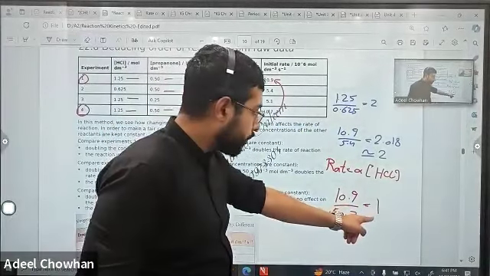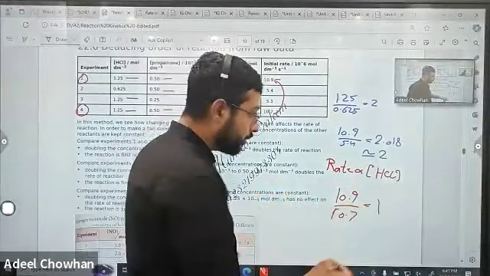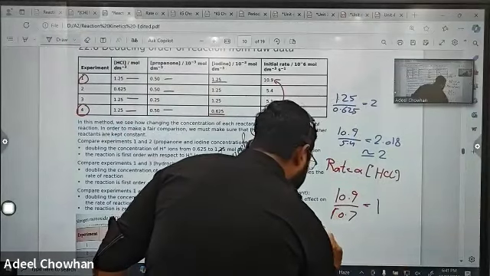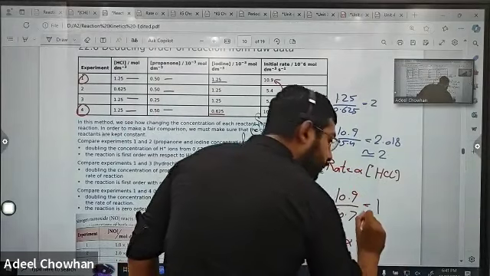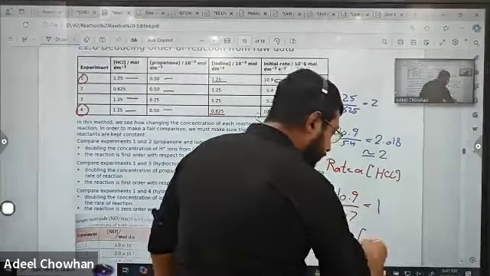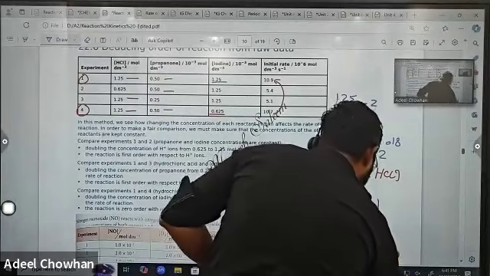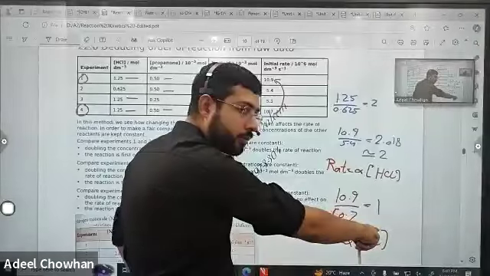Whenever we have a value of 1, which means the rate is unchanged, it means that the rate is proportional to anything which comes in the square bracket. Let's suppose here it is the iodine. It shall have which value on it?